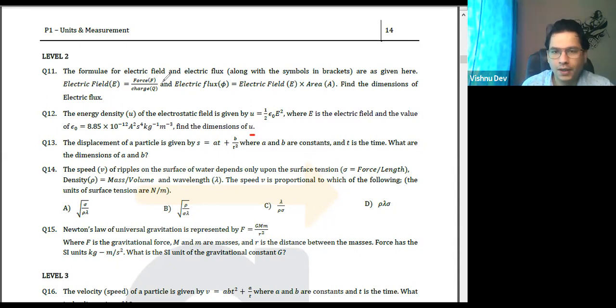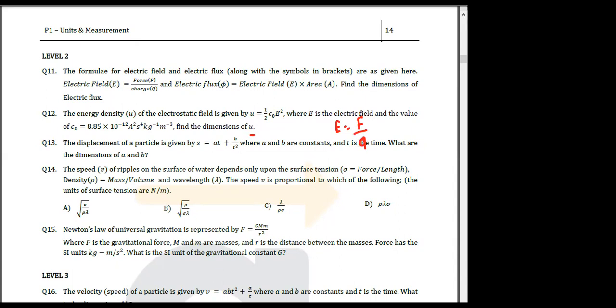But think about it. I will give you a formula of electric field. Electric field is equal to force per unit charge. Think about it. So can you find the dimension of electric field now?